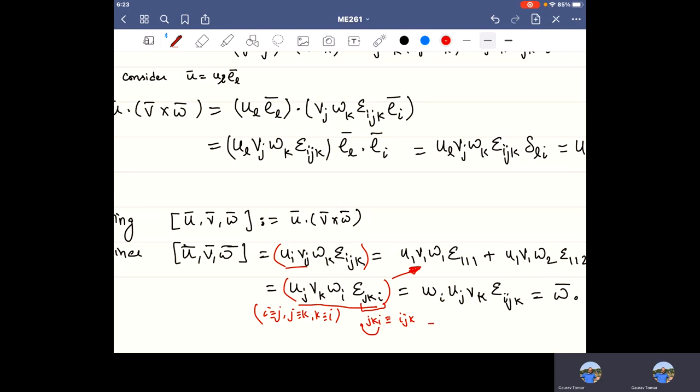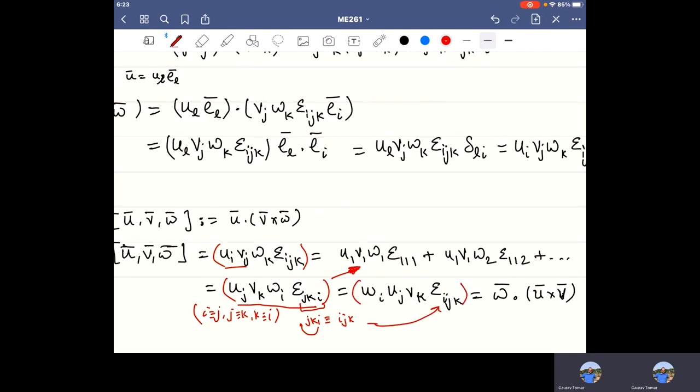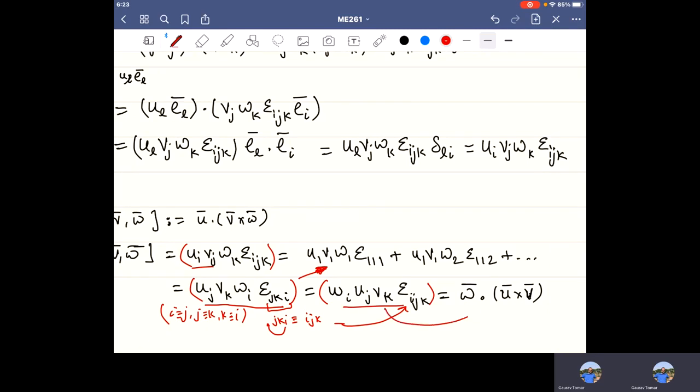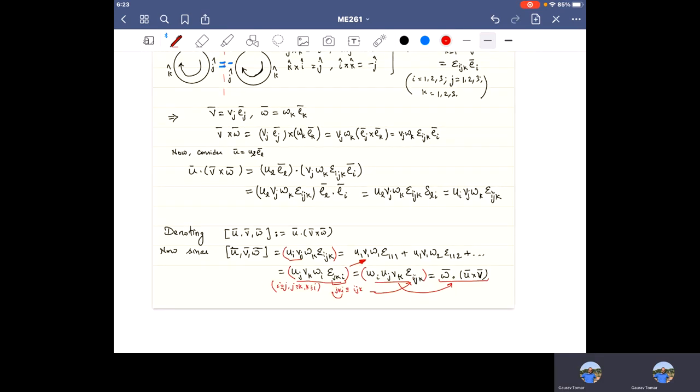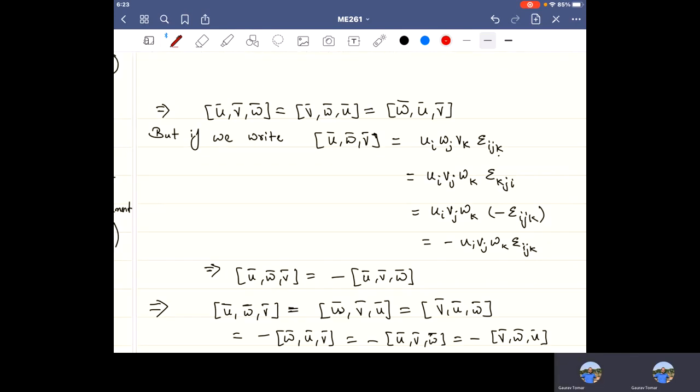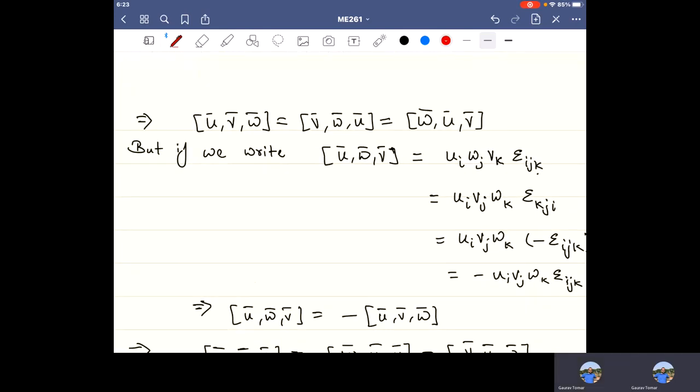Now, rearranging, we can write this as w_i u_j v_k epsilon_ijk, and it turns out this expression in vector form is w dot u cross v. This tells us that u dot v cross w is the same as v dot w cross u, and this is the same as w dot u cross v.